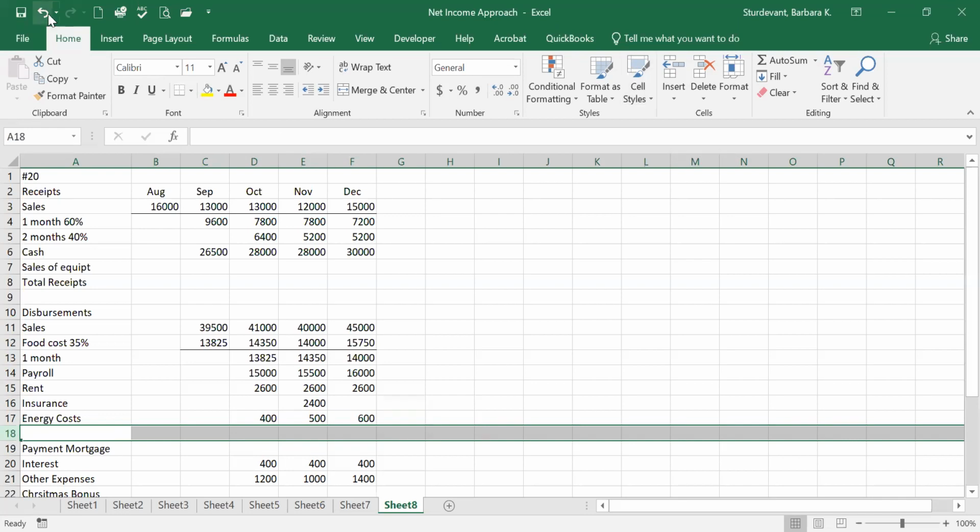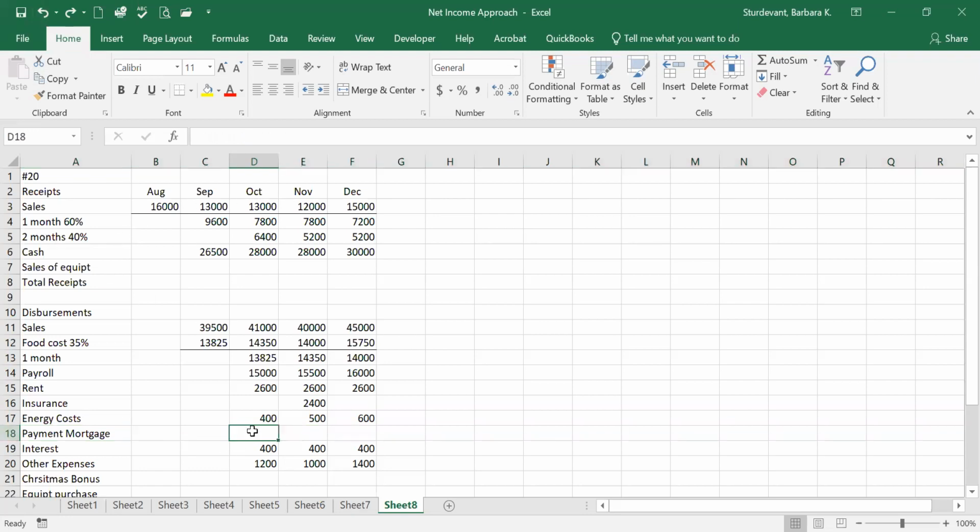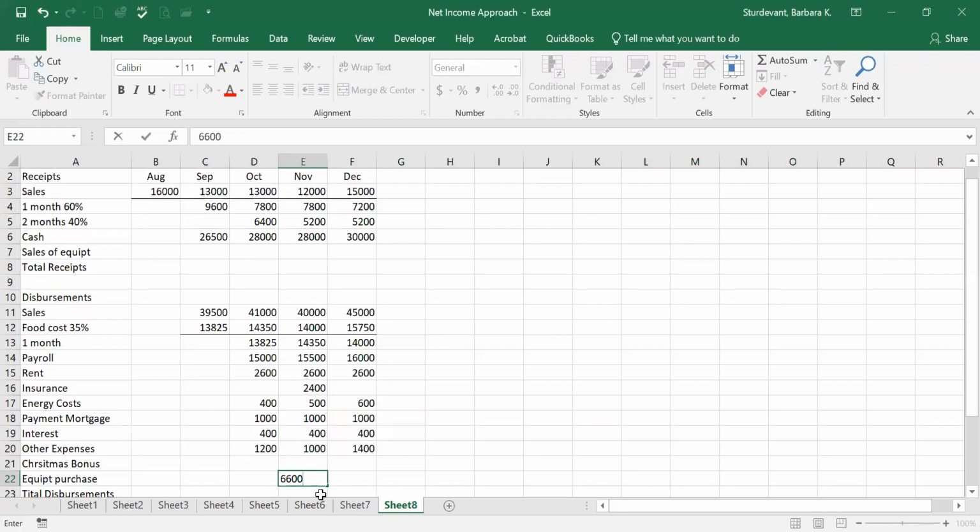Okay, undo, I'll read further. Okay, so in the next paragraph, it's telling us that we're making principal payments every month on our mortgage. So I'll put that in. And equipment's going to be purchased in November. It's going to cost $6,600. But we're going to sell some old.